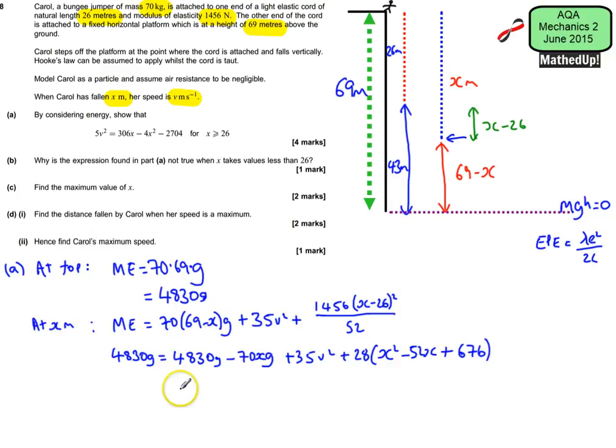Okay, so if we tidy this up a little bit, these are going to cancel out with each other, so I can say 0 is going to be equal to negative 70gx plus 35v squared plus 28x squared, take away 52x plus 676.